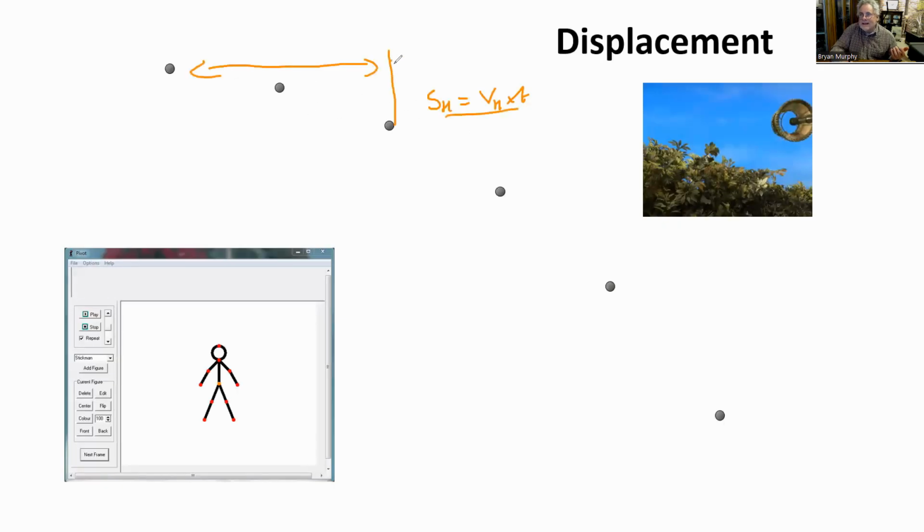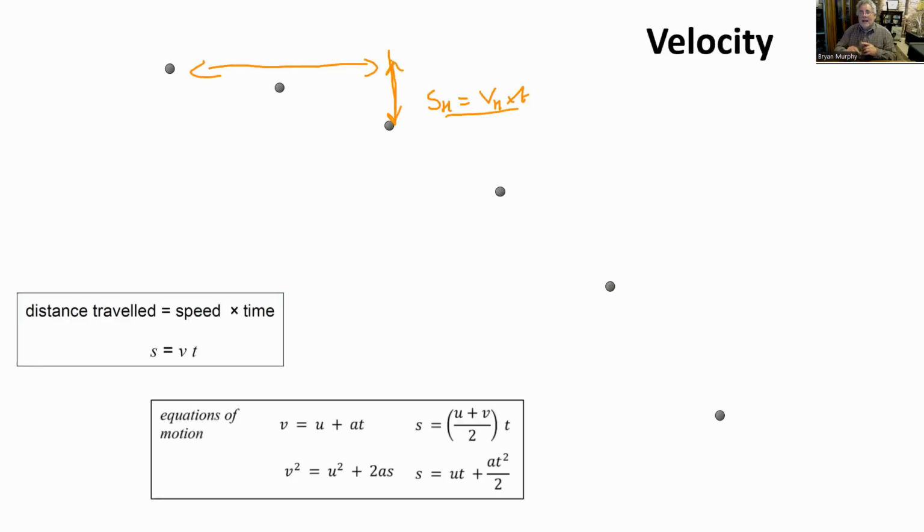This distance here, the distance it has fallen, we need to use one of the SUVAT equations. I'm just going to flash them on the screen. There they are. So we need to know how far it's traveled. It's that one. Let's use that one to find out how far it has fallen, to find its displacement.